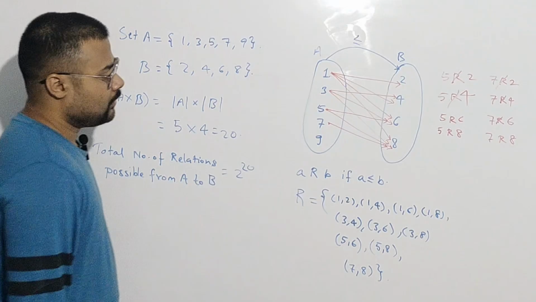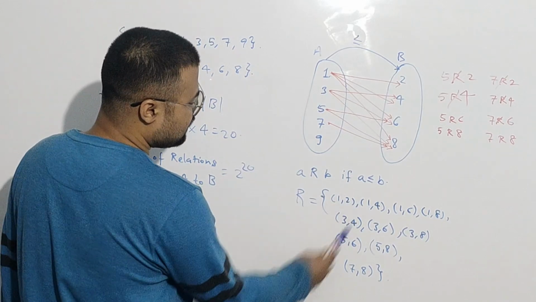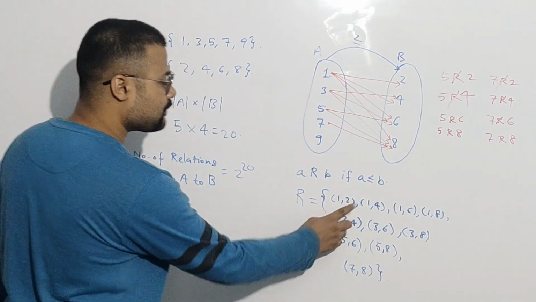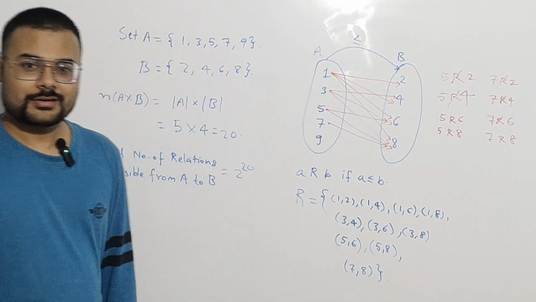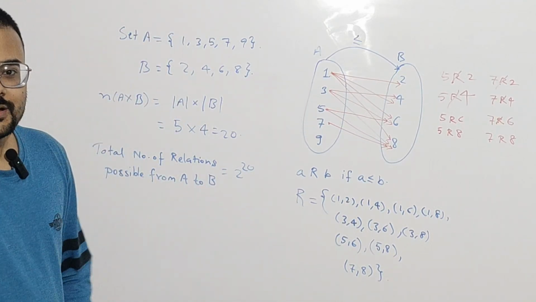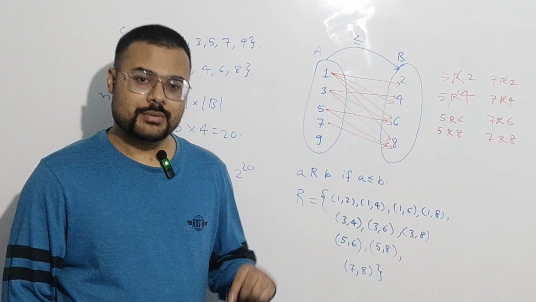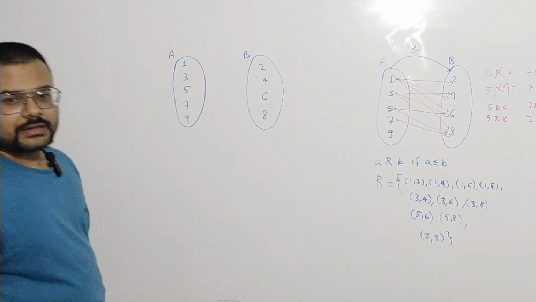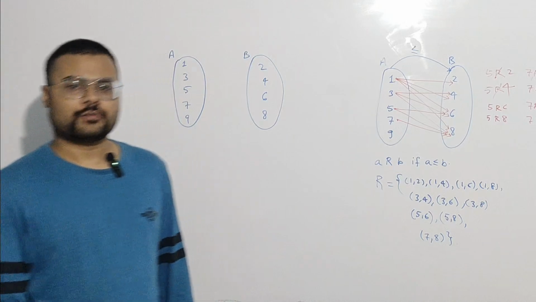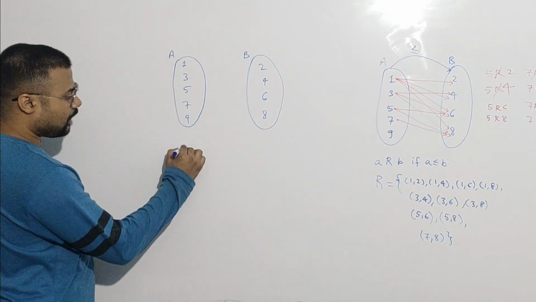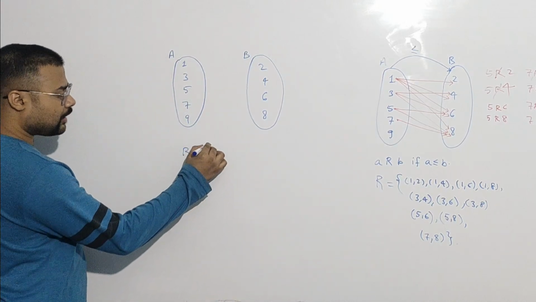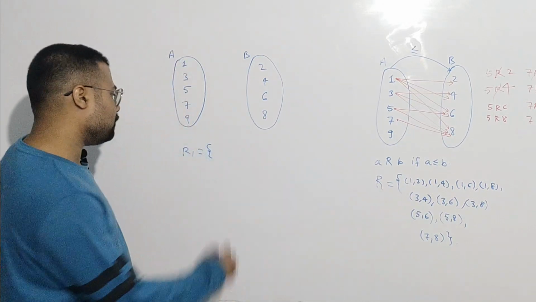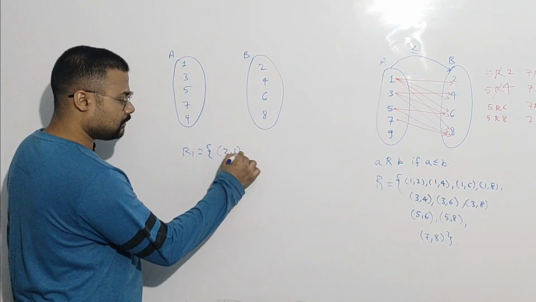Now, if you just interchange the positions in each ordered pair, so the second element becomes the first and the first element becomes the second, then it's a relation from B to A. I am naming this other relation R1. In R1, in place of 1 and 2, the ordered pair is 2 and 1.